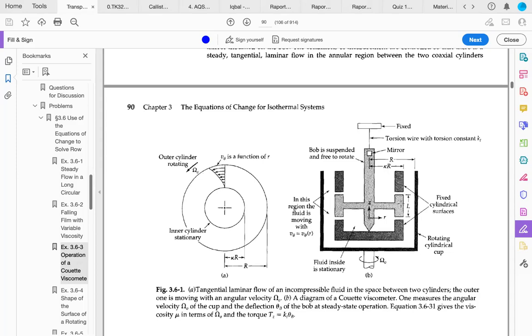Because it is rotating, there would be some angular shear stress, and then they need the force, and they measure the force. After that they can calculate the viscosity. So that is the Couette viscometer.